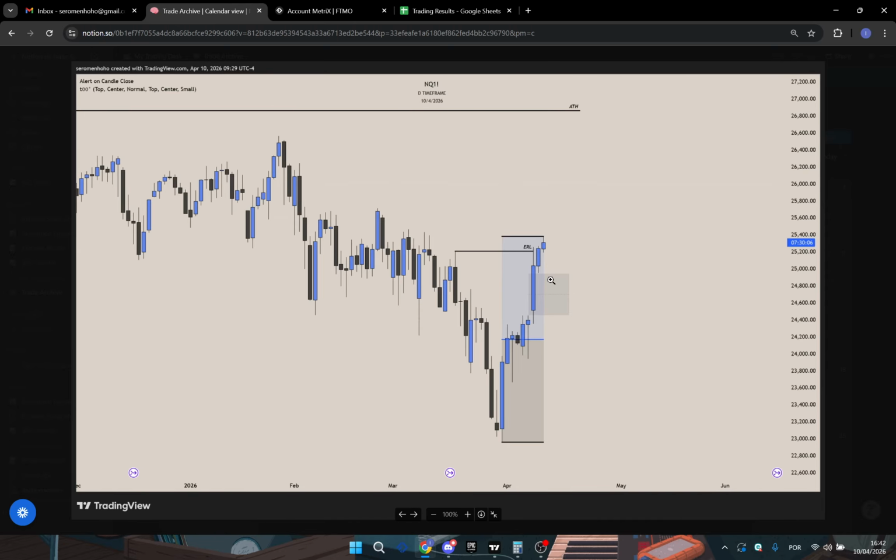now we can see that we have printed this new daily fair value gap right here, and also we have taken out external range liquidity right here that I have marked out.